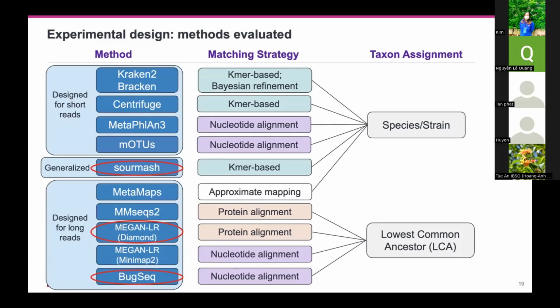One thing I want to point out about the DIAMOND and MEGAN-LR workflow is that in addition to generating a taxonomic profile, it also simultaneously creates a functional profile. That's currently the only method capable of doing that simultaneously. We have built workflows for both Sourmash and DIAMOND and MEGAN, and you can also check them out in our GitHub repo.